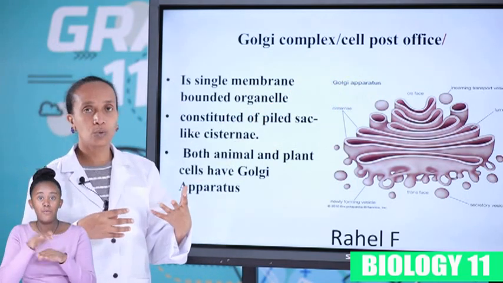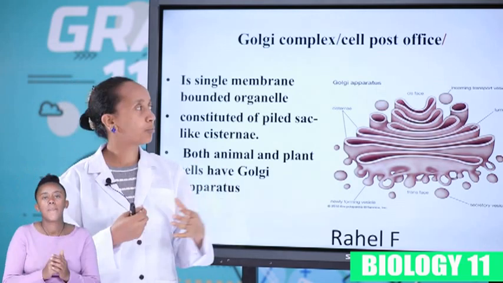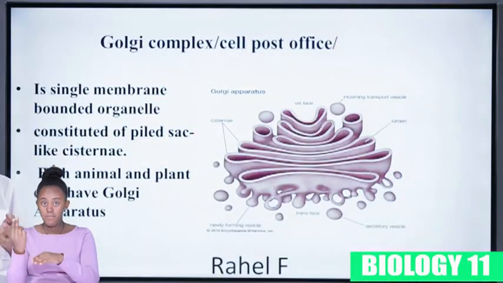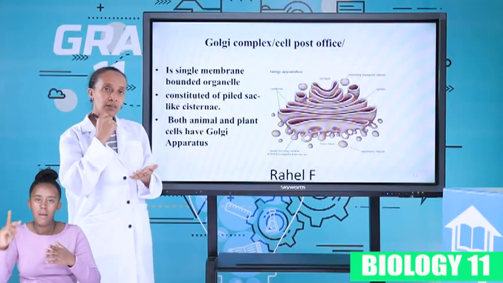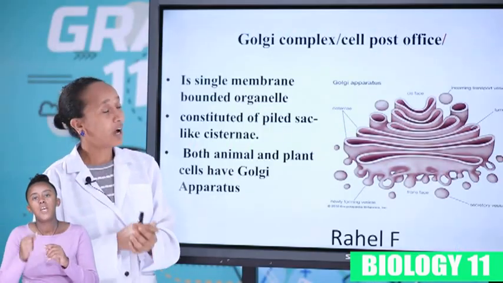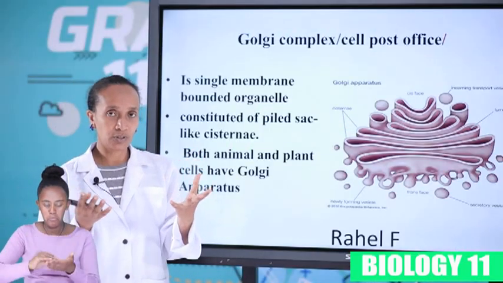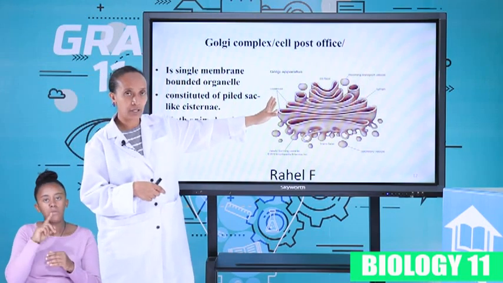When you want to send a different message or different package by using the post office, the first point is to pack the material or the message. After that, you will put a tag on the envelope. After that, it will be transported. That is what you observe in the case of Golgi Complex.